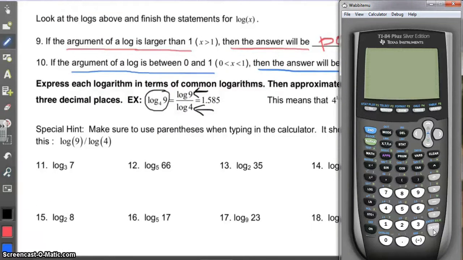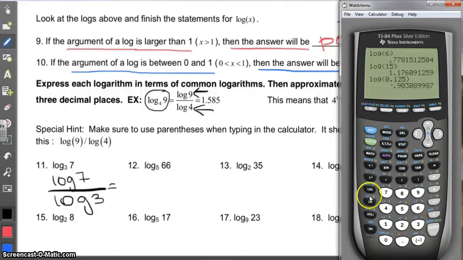To solve this, first of all, if they ask you to change the base or to write it as a common logarithm, you need to know what the question would be. If they ask you to express this in terms of common logarithm, it basically means that you have to write it in a way where there's no base, which is the base 10, but you don't have to write it. So you would write it as log 7 over log 3. So let's try to do that.